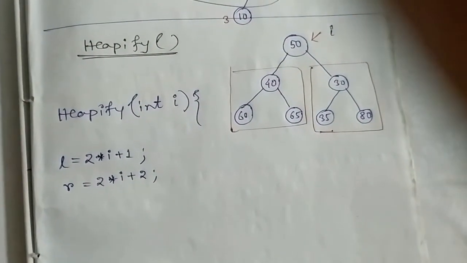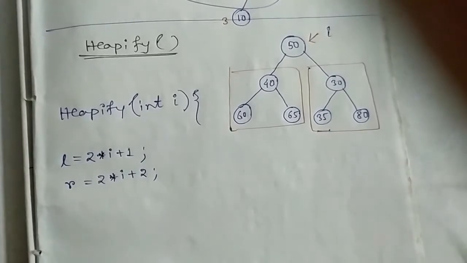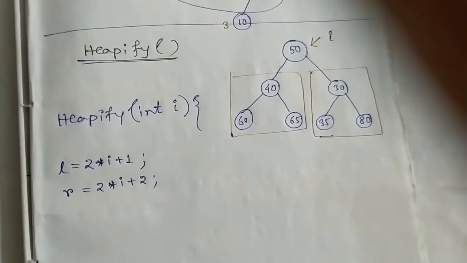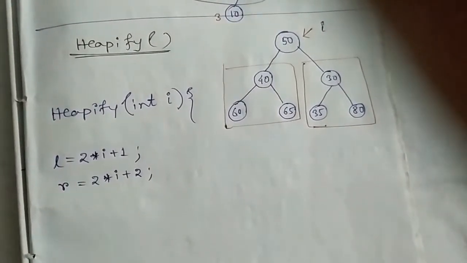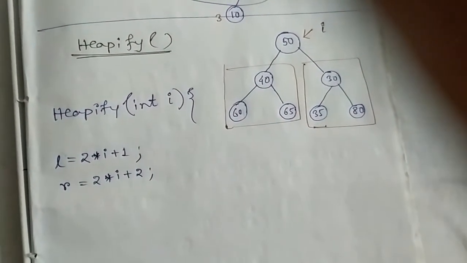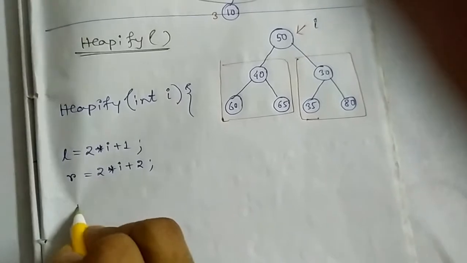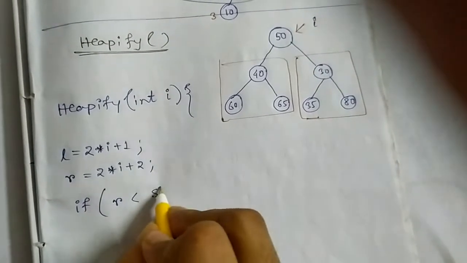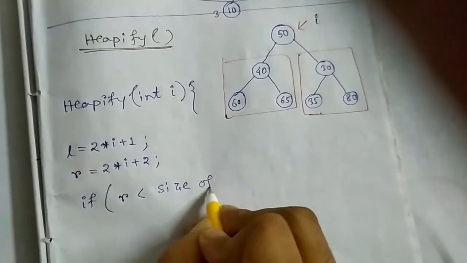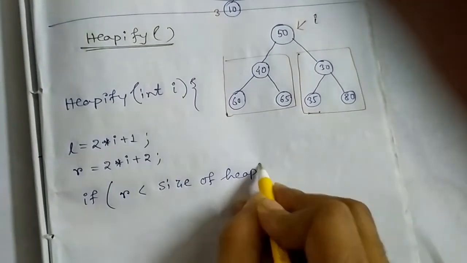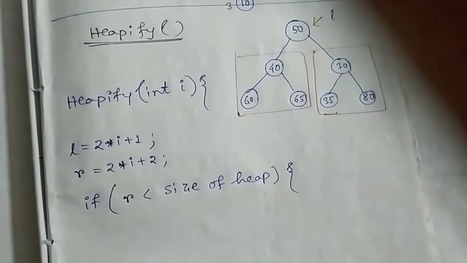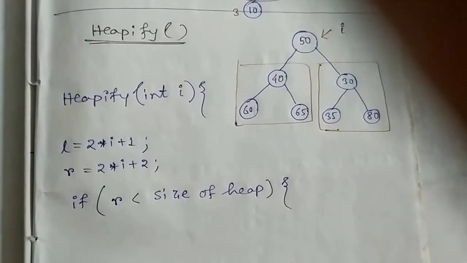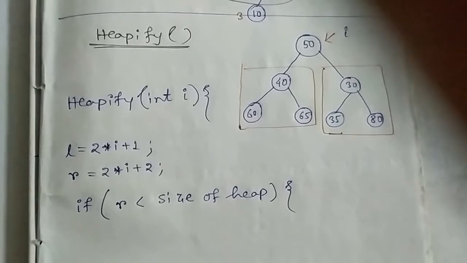And then I have to ensure that its left and right child are within our heap. That means I have to check that if r is less than the size of the heap. I am writing this condition to ensure that I will not go out of my range.